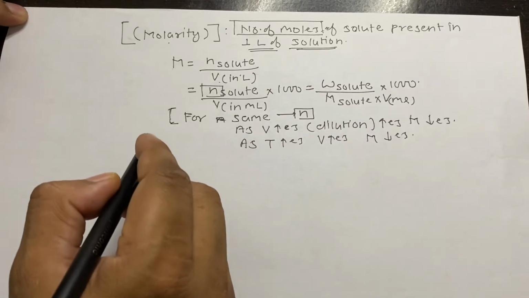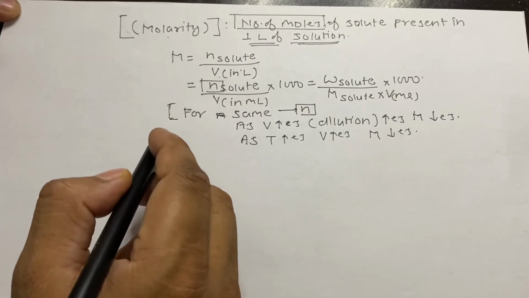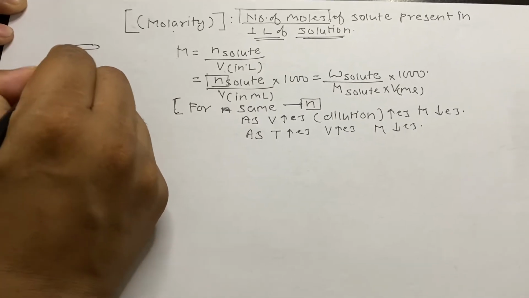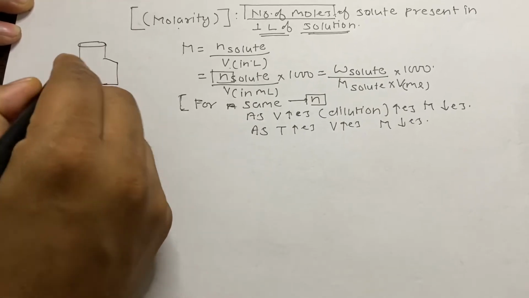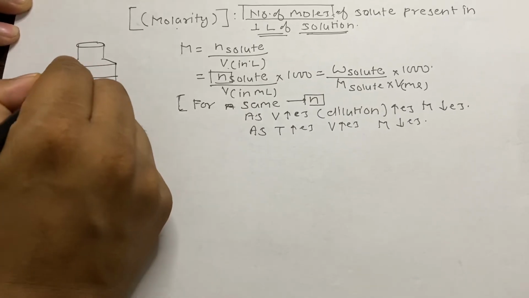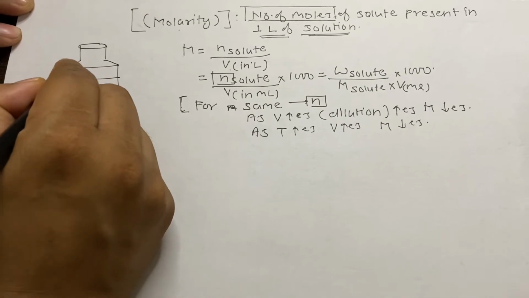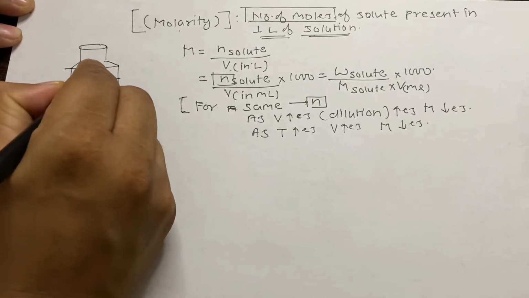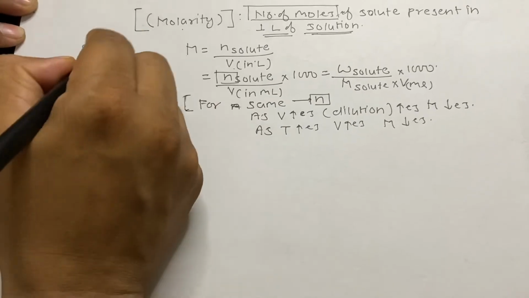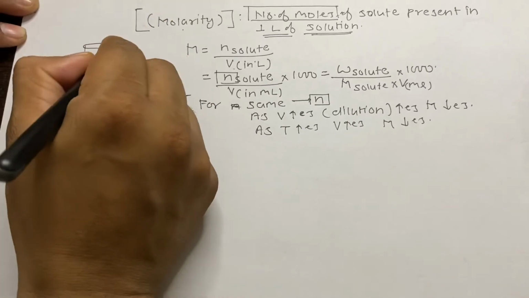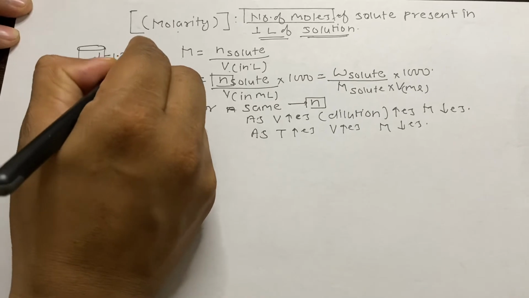Now how can we decode molarity? Suppose this is a bottle, labeled as 2 capital M NaOH, and the density labeled as 1.2 gram per ml.